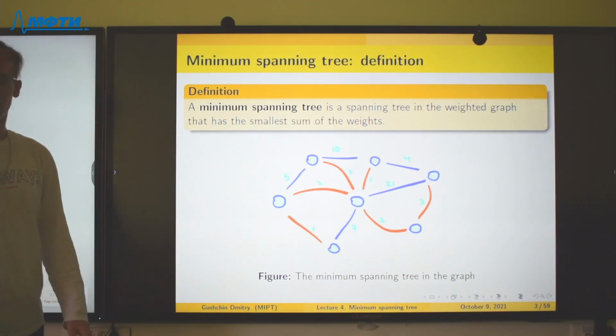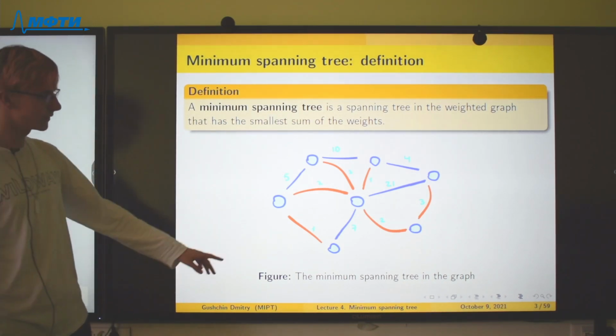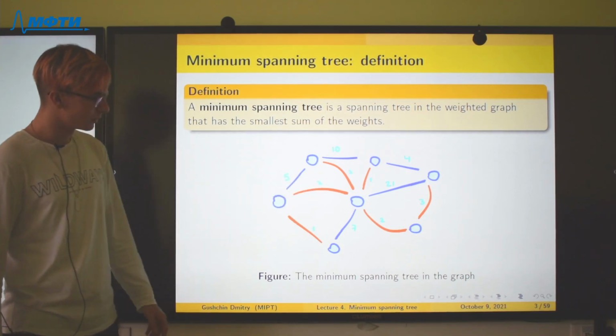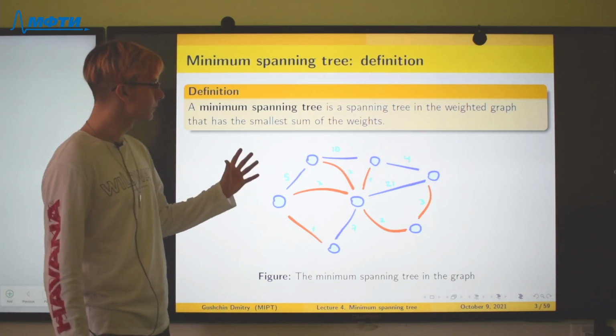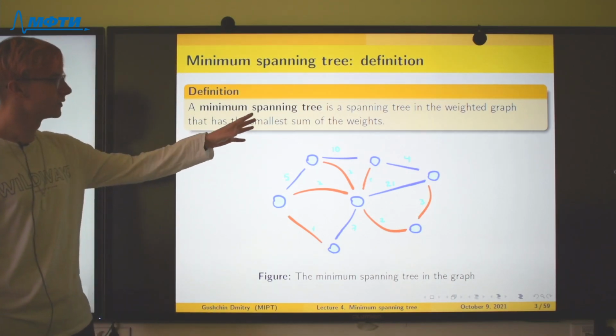So we say that a spanning tree is a minimum spanning tree, and we write MST shortly, if the sum of the weights is the minimal in the set of all spanning trees.